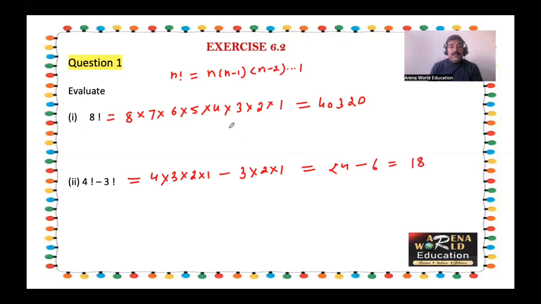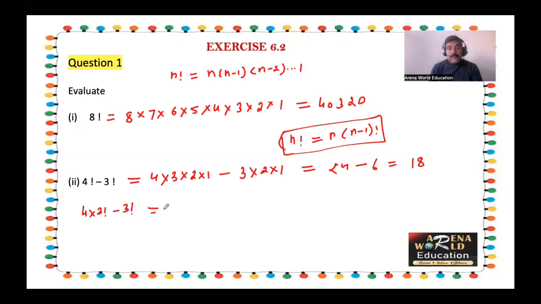We had already discussed one important step: whenever we have n factorial, we can write it as n into n minus 1 factorial. So here we can solve this question in another way. 4 factorial can be written as 4 into 3 factorial.